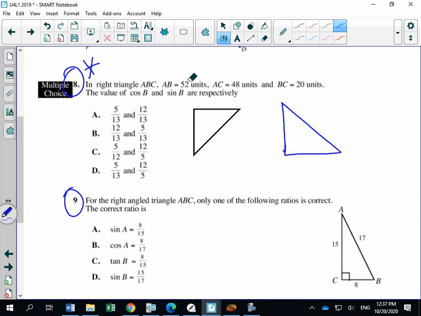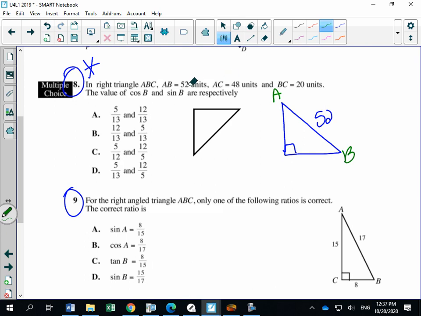Which one do I know my hypotenuse will be? They give me the 3 sides. Which one do I know is my hypotenuse? AB. So I know that this is 52, which is across from my 90 degree. And therefore, I now know that that is A and this is B, because my hypotenuse has to be AB, right?